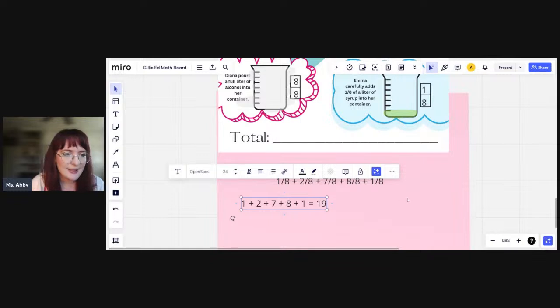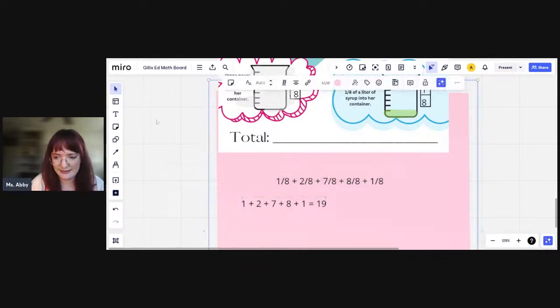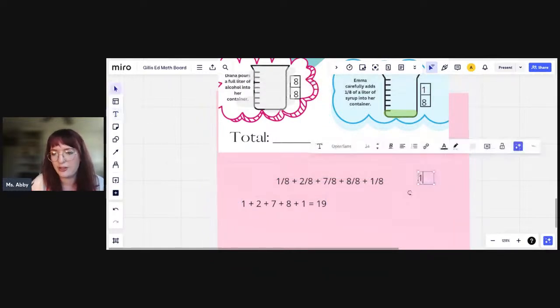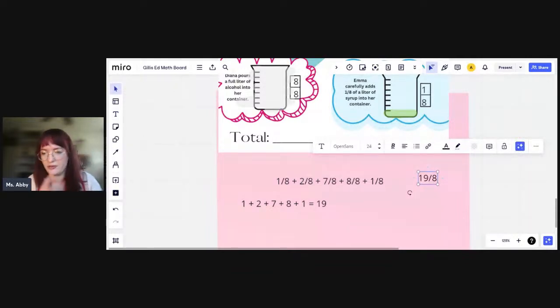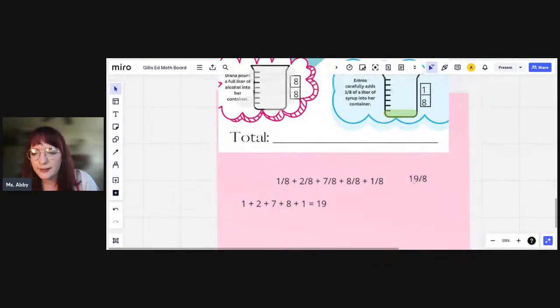But 19 over 8 is not how we are going to leave this, because remember, 8 is our denominator that we started with. We're going to need to simplify this, and we're going to need to see how many times 8 goes into 19.